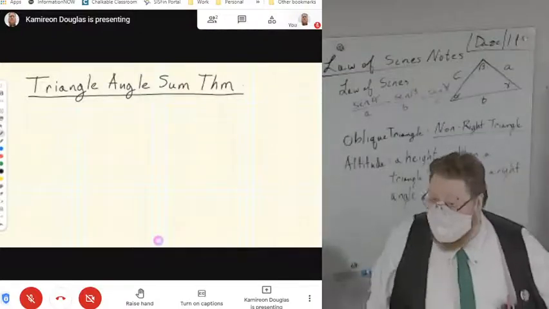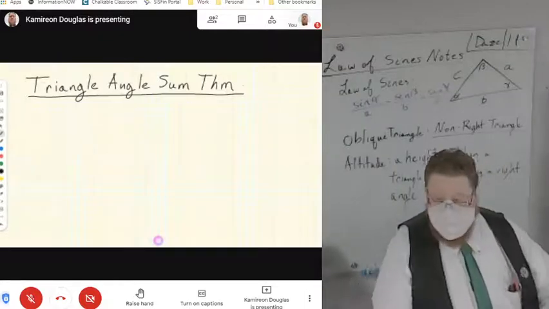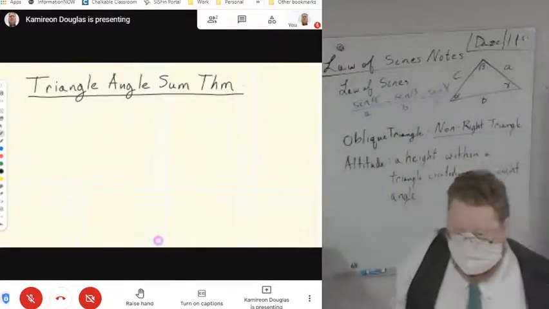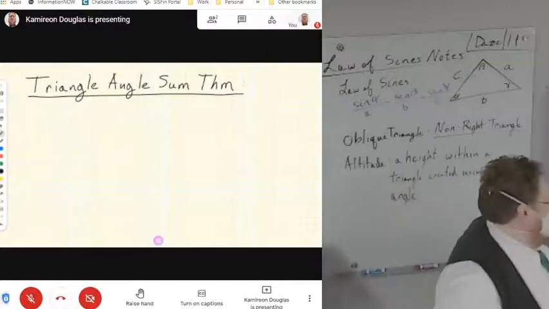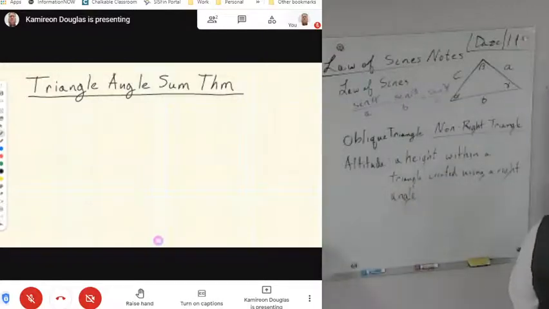Triangle angle sum theorem. Those of you that remember geometry pretty well, what was the triangle angle sum theorem? Correct. So in this case, for this specific picture, I want to write it in a very specific way. This would imply that alpha plus beta plus gamma has to equal 180 degrees.